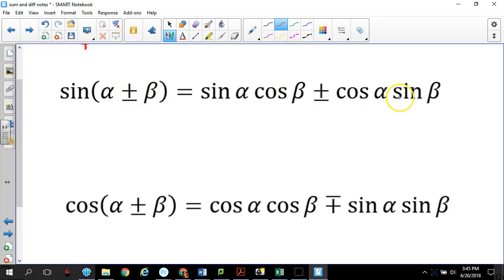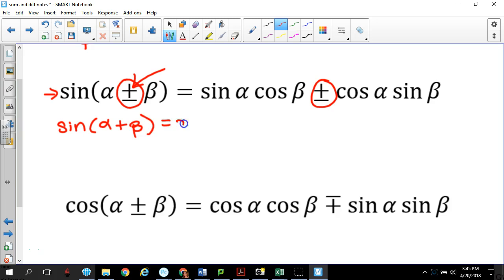So right now I have two equations all in this one big thing. I can split it up by taking the top and the bottom. If I have sine of alpha plus beta, the top part, that's going to equal sine alpha cosine beta plus cosine alpha sine beta.